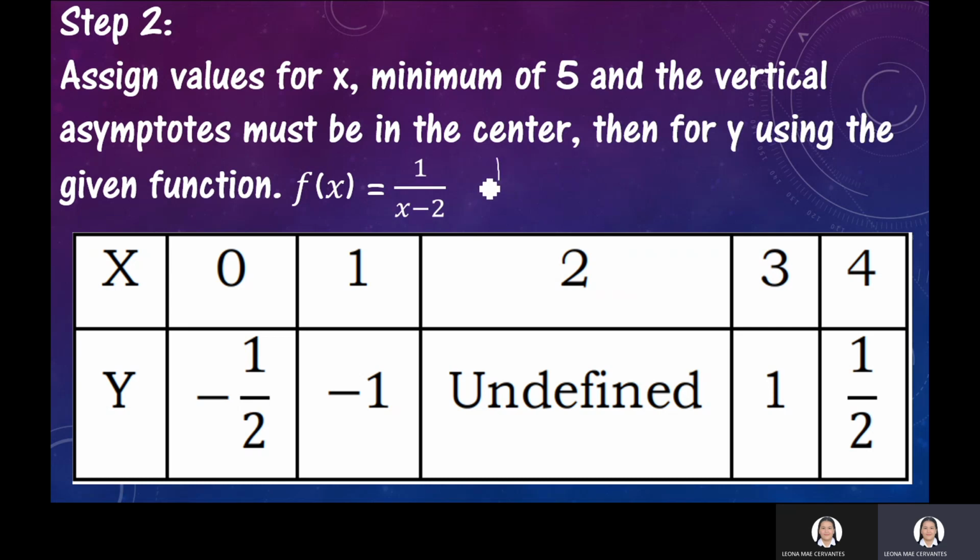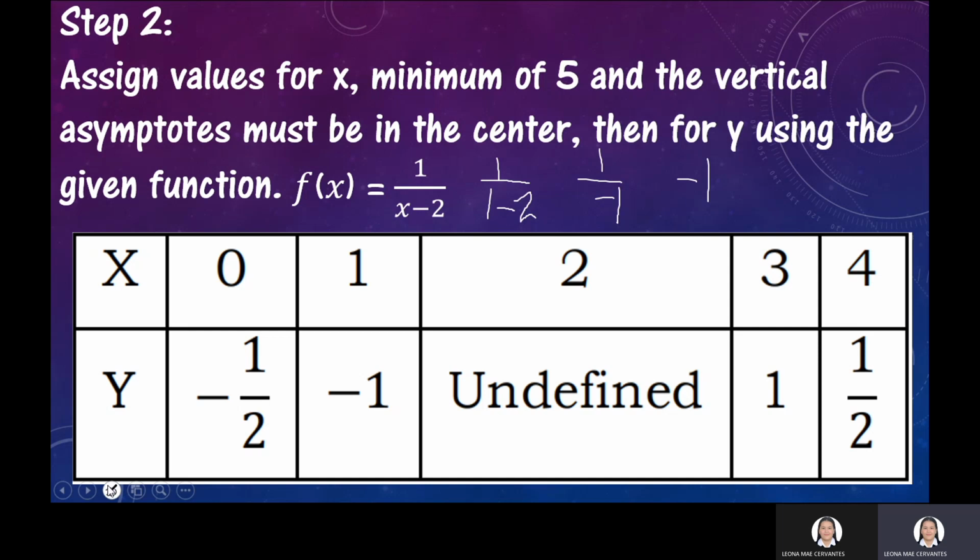So we have 1 over 1 minus 2, which is 1 over negative 1, or 1 divided by negative 1, which is equal to negative 1. So, y is equal to negative 1.